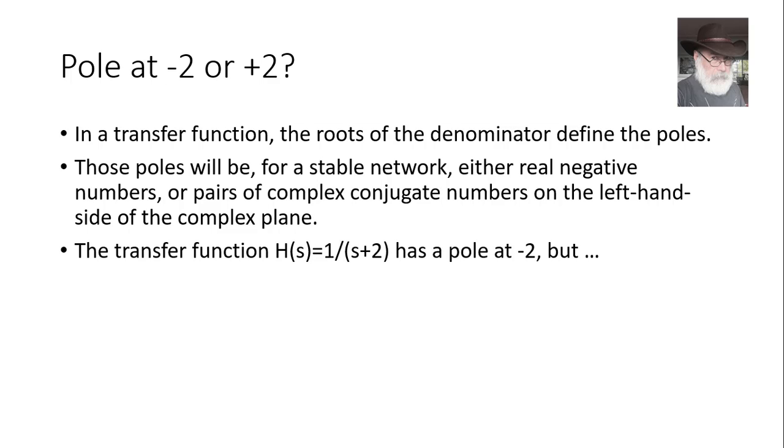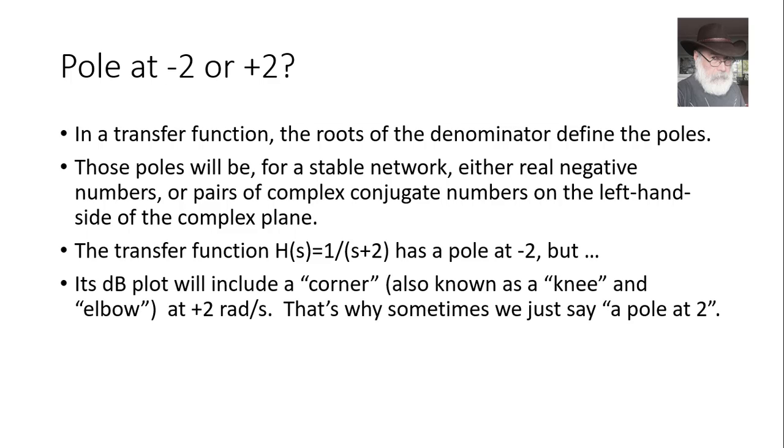The transfer function 1 over s plus 2 has a pole at -2, but that will create a corner, a kink, an elbow, at the positive frequency 2 radians per second. That's why instead of saying the pole is at -2 and the corner is at +2 radians per second, we just say the function has a pole at 2.